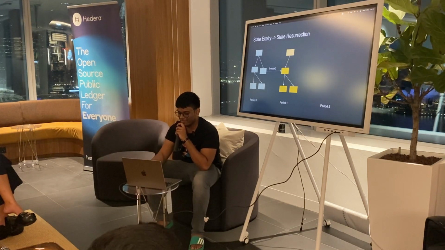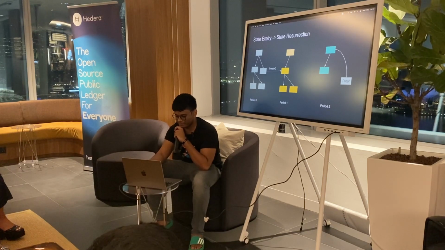Only then, if we are creating a new tree for period 2 and we want to resurrect something from period 0, we just pass the state root and the proof. And we'll be able to access the state root of period 0 as well.